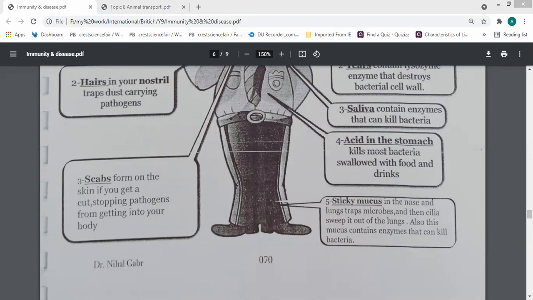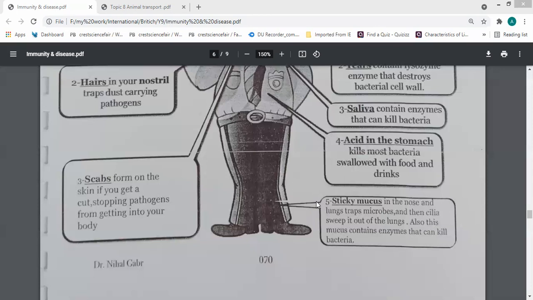Okay, guys, sorry. Scabs form on the skin after some parts or tissues of the skin get damaged or cut. These scabs have the ability to stop pathogens from getting inside the body.